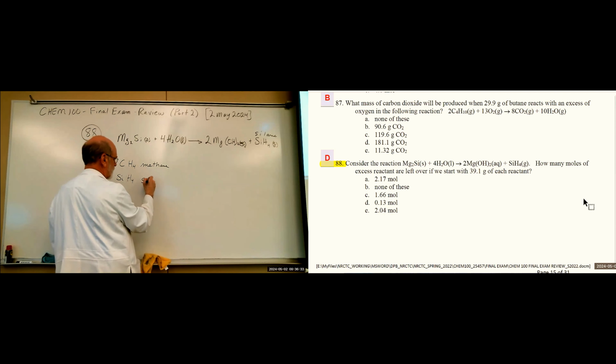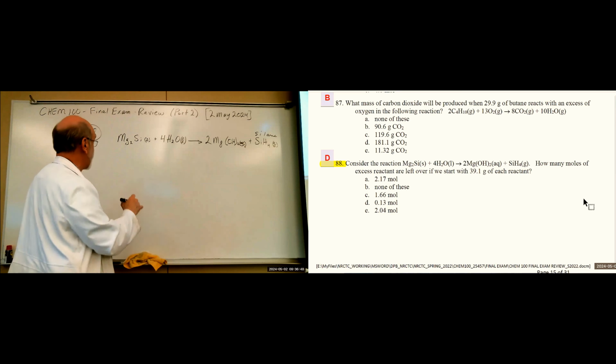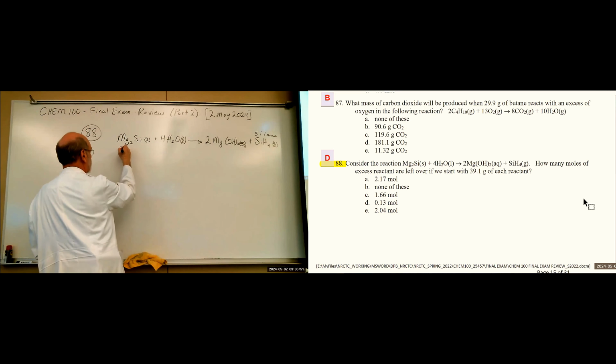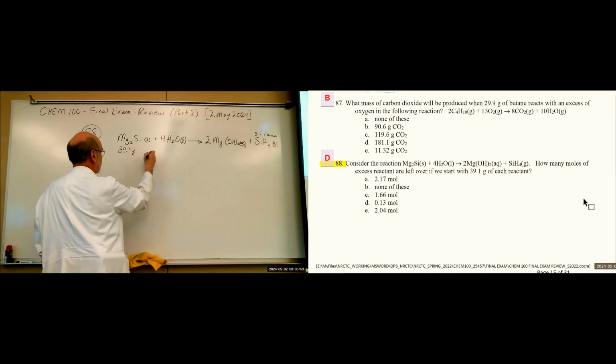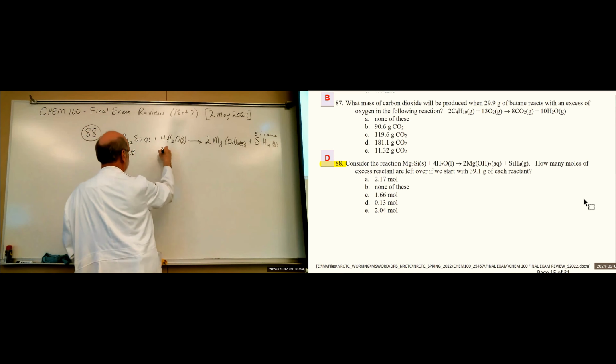If we have 39.1 grams of each reactant, what does that mean? That means one of them is limiting. How many moles of excess reactant are left over? So once we find out which one is limiting, all of that one is used up.